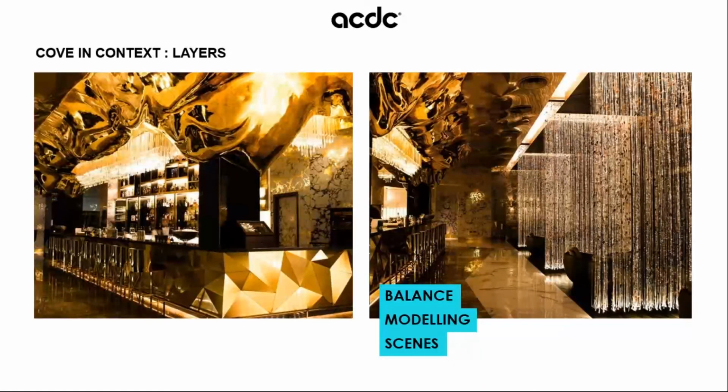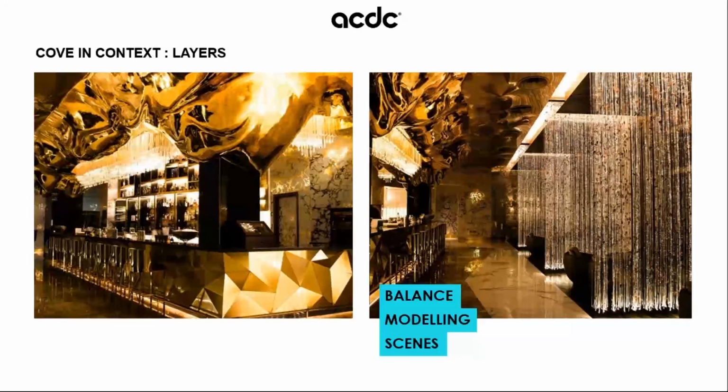When you look at this bar that was recently completed in Dubai that ACDC was involved with, you've got the decorative chandelier, you've got integrated light at the bottom of the bar, you've got huge chandelier features, you've got a cove, you've got downlights. So it's a balance between these layers as to how they work and how you create that identity, how you create that experience. And the cove is fundamental to the lit effect, the appearance of that space, the identity of that space.